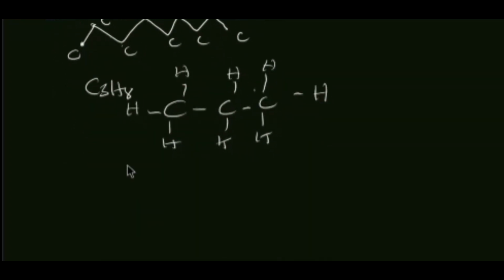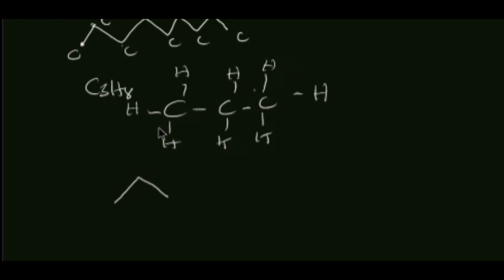To draw the skeletal structure, since we have 3 C's, you are only going to have first carbon, second carbon, then third carbon. And this is simply the shorthand form for our propane. And that is what we call the skeletal structure of organic compounds.